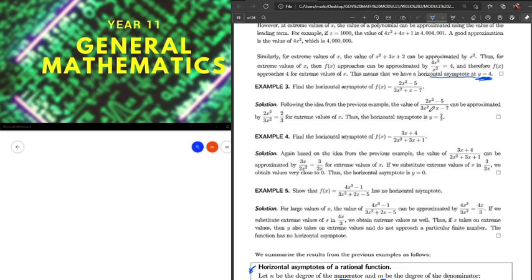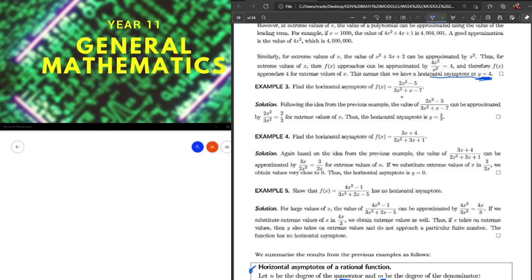Let's have example number 3. Again, what is the degree or exponent of the numerator? We have 2.